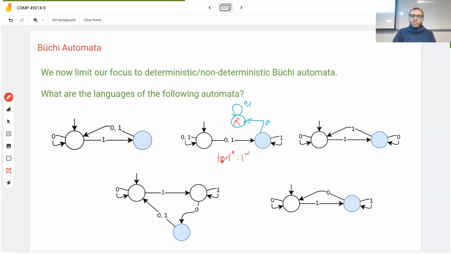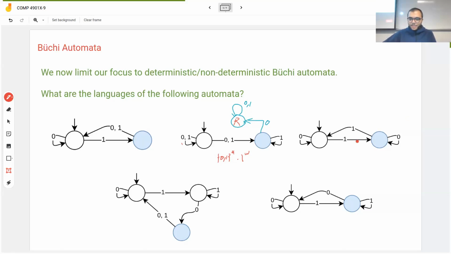On the other hand, if I give you a string that has ones at some point and after that, there is a run that accepts that string. And that's the run that goes to the right just at the right time, just when we're sure that there are going to be only ones afterwards. So it ignores all the zeros here. And then as soon as we run out of zeros, it goes to the right.